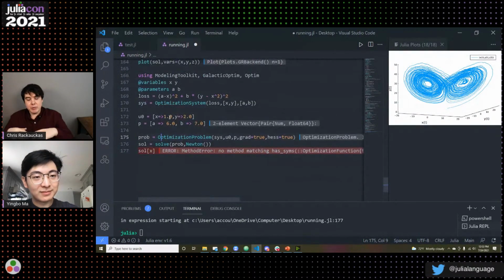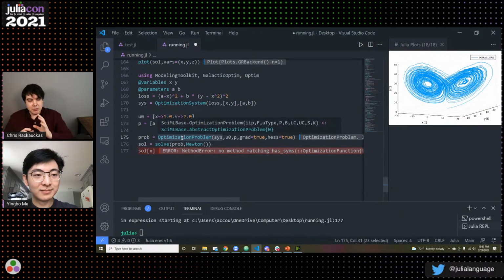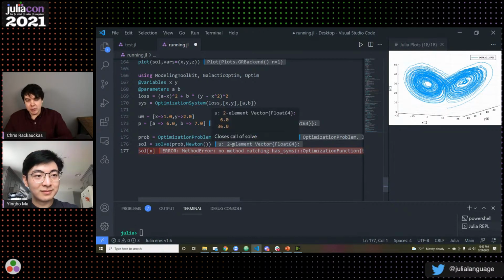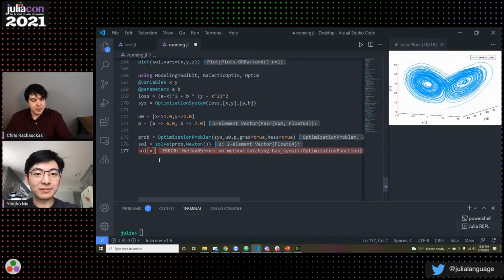The way that we're doing control systems is to say that you can have an optimization problem that has a subsystem that's an ODE, and it will know to solve the ODE to be able to define its loss function and use the solution of the ODE, its time series. So this is still a little bit of a work in progress, but you can see that there's already a lot of elements there that can be useful. Like, if you write down this optimization problem, you can have it generate Hessians and such for you.